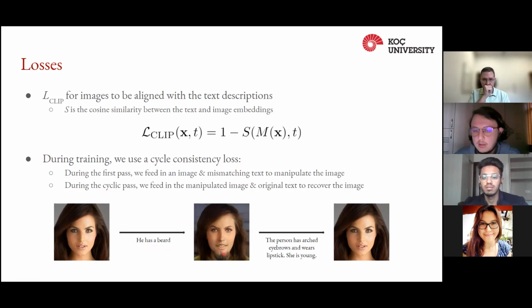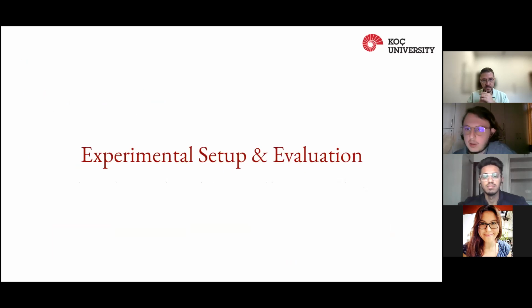And in the second pass, the cyclic pass, we input this manipulated image together with the original description that belongs to the input image, such that we can recover and go back to the original image. So we go from original to manipulated and then go back to the original image. That's it for our approach.